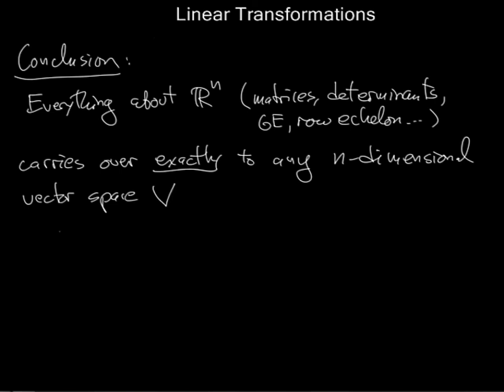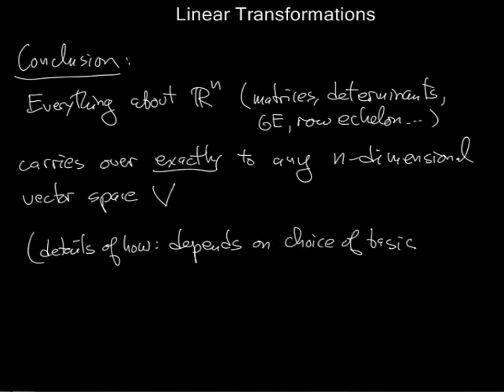And the only caveat is that the details of how that happens depend on the choice of basis of the vector space. But the big picture, how everything works, is exactly the same. And we're going to be talking quite a bit more about this as we go through the rest of the course, and this is kind of an introduction to all of that.